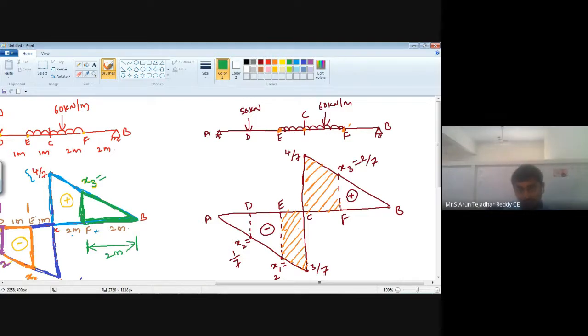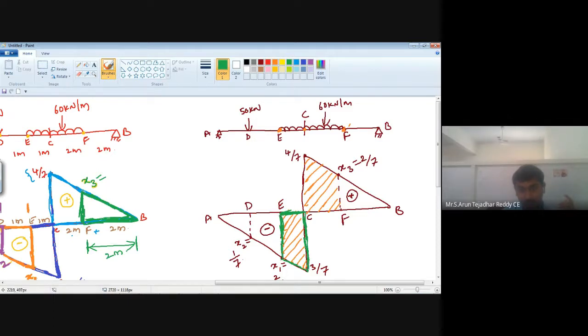In this shaded area, green color, this entirely green color is our shaded area region.